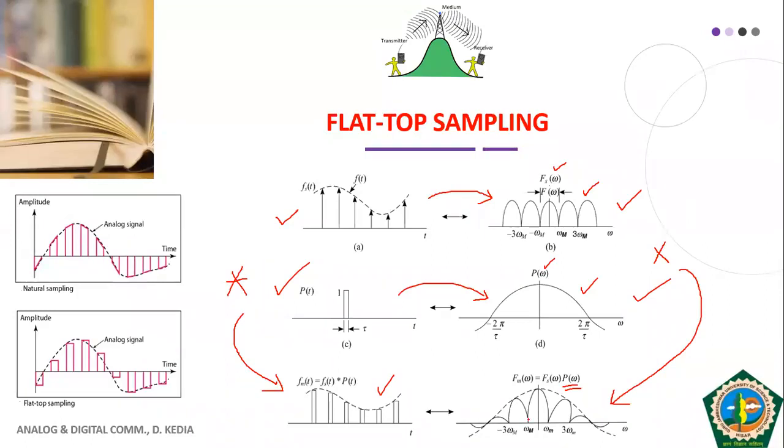So this was our frequency domain representation. Your flat top PAM signal can be represented mathematically like this: F_m(ω) is equal to F_s(ω) into P(ω). Fine. So with this background, now we again move to our previous slide.